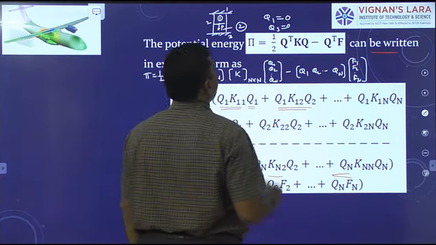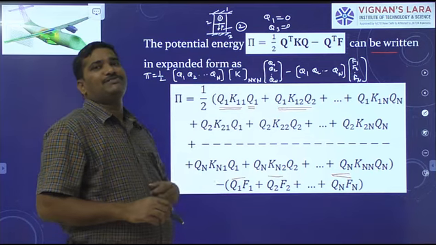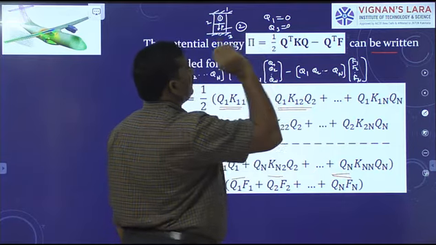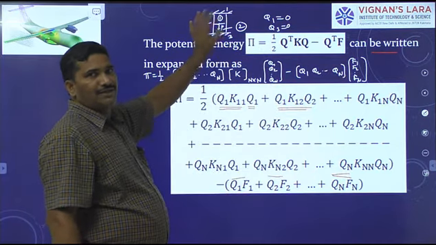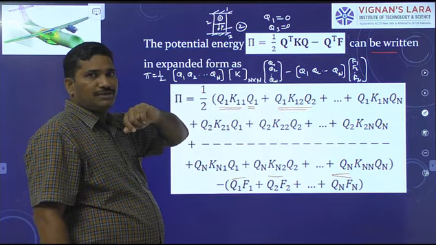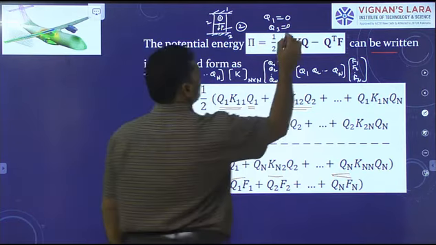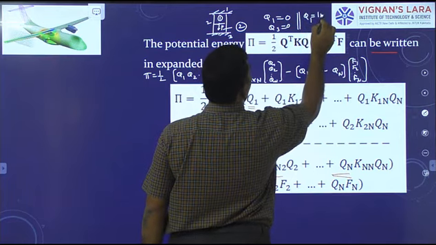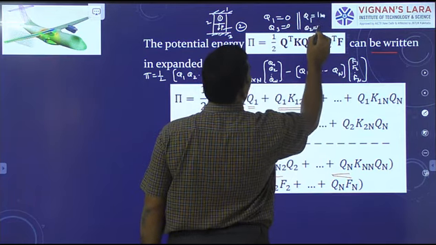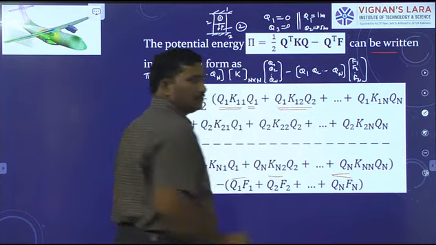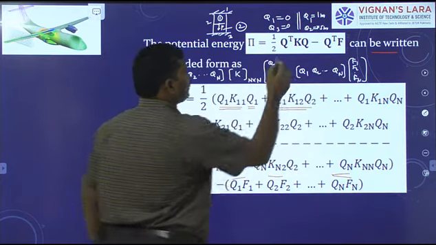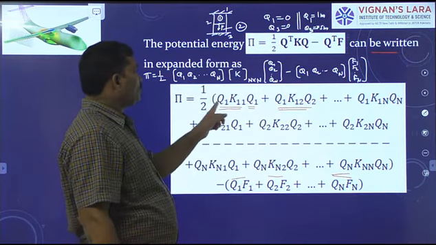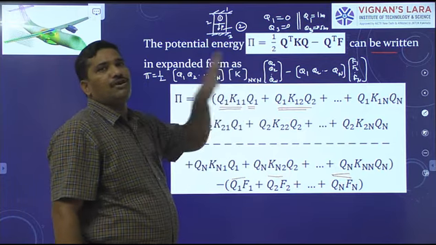If there are non-zero displacements, not in this case, take a different case, say Q1 equal to 1 mm and Q3 equal to 0.5 mm. Then put Q1 equal to 1 mm and Q3 equal to 0.5 mm.